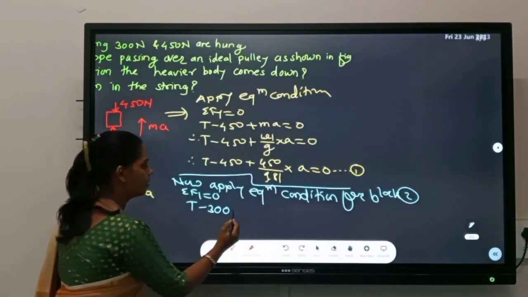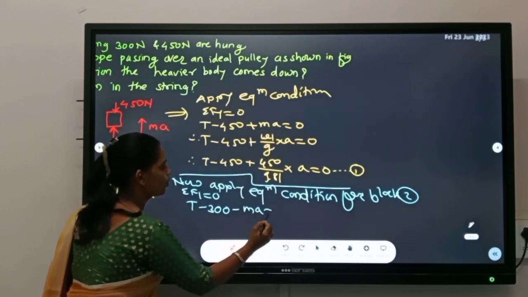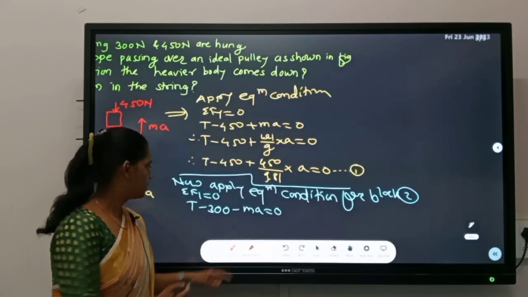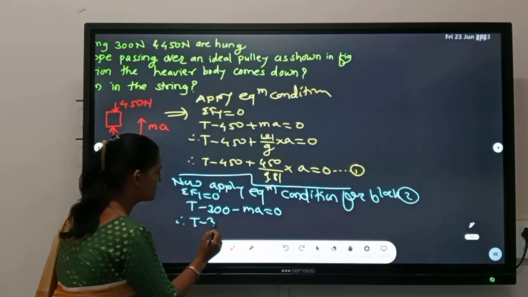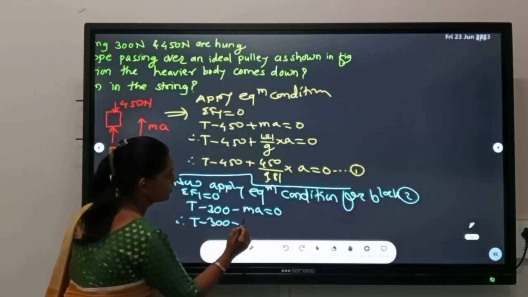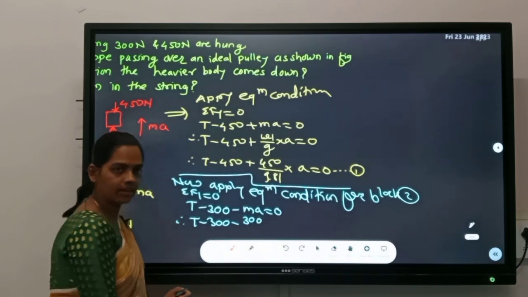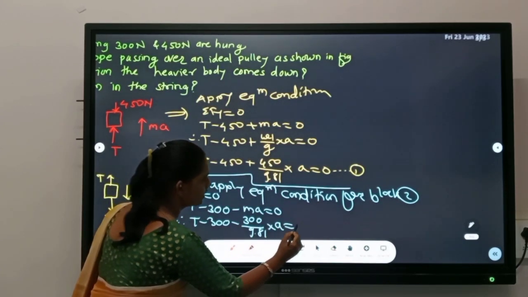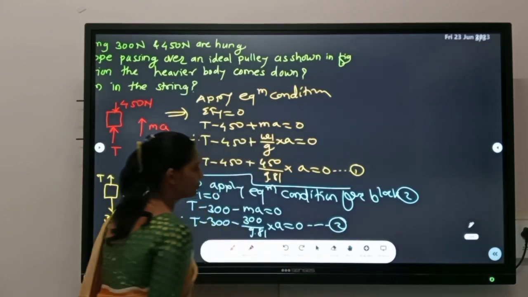That's why minus ma is equal to 0. May I replace mass by W by g? Therefore T minus 300 minus 300 divided by 9.81 into acceleration is equal to 0. See it as equation number 2.